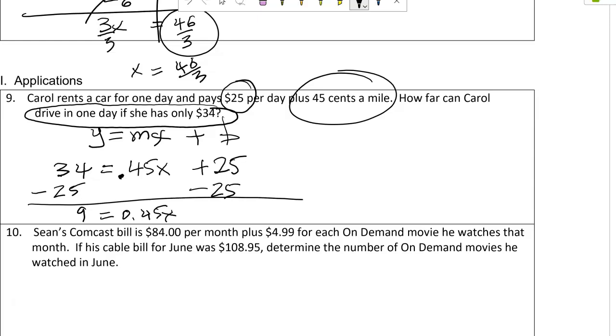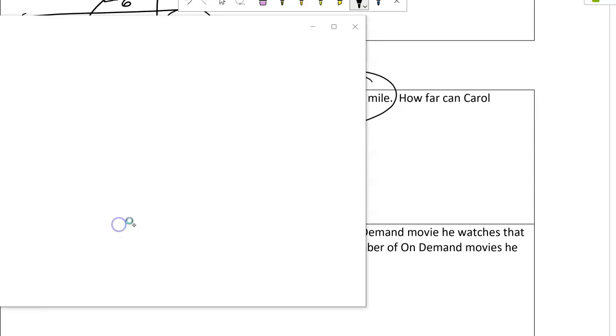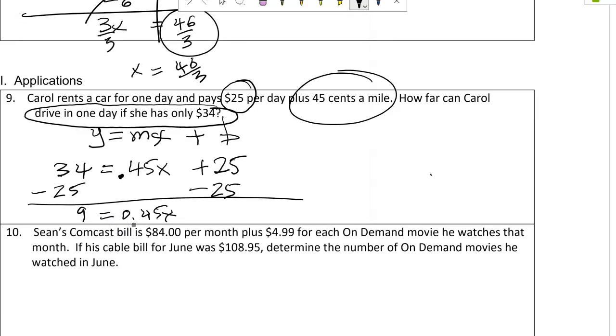How do we now solve that? To get rid of that 0.45, we have to divide by 0.45 on both sides. So 9 divided by 0.45, let's see what that gives us. 9 divided by 0.45 equals 20. So it's 20 miles is all she can drive.